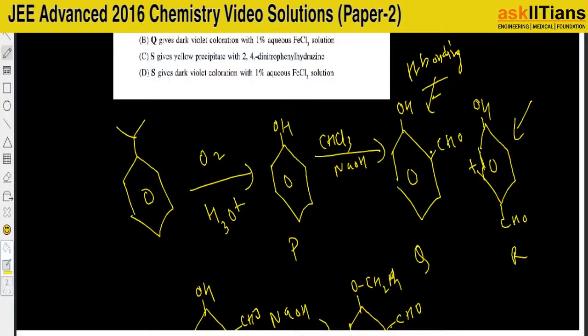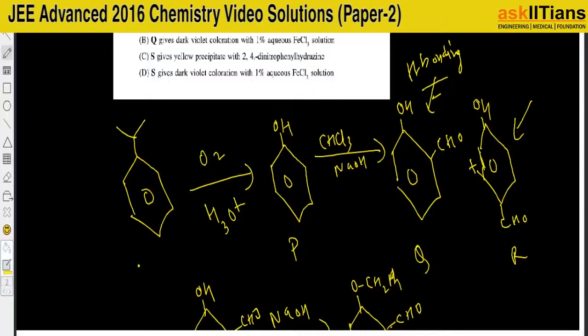And in the salicylaldehyde you have a phenolic group present over there. So obviously you'll get the violet coloration with the 1% aqueous FeCl3 solution. So this is our test of phenol also. So my B is the correct answer.